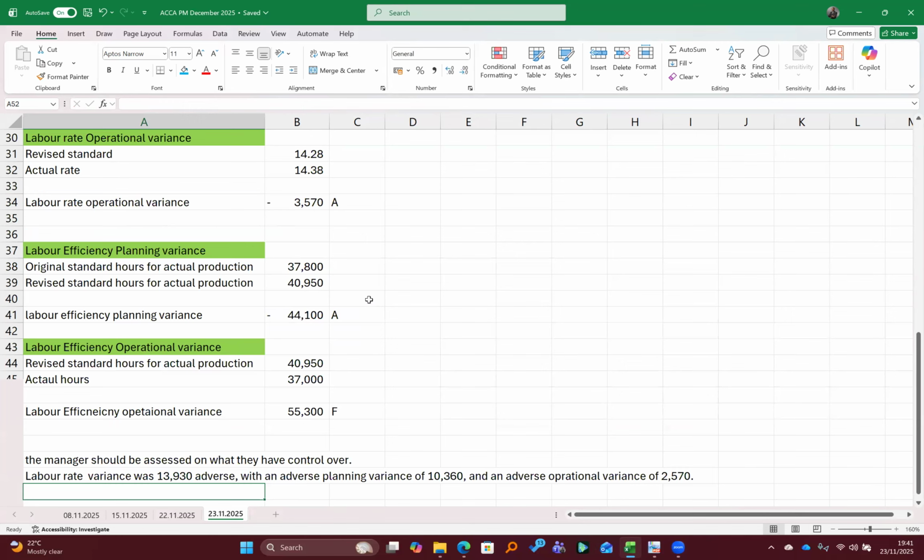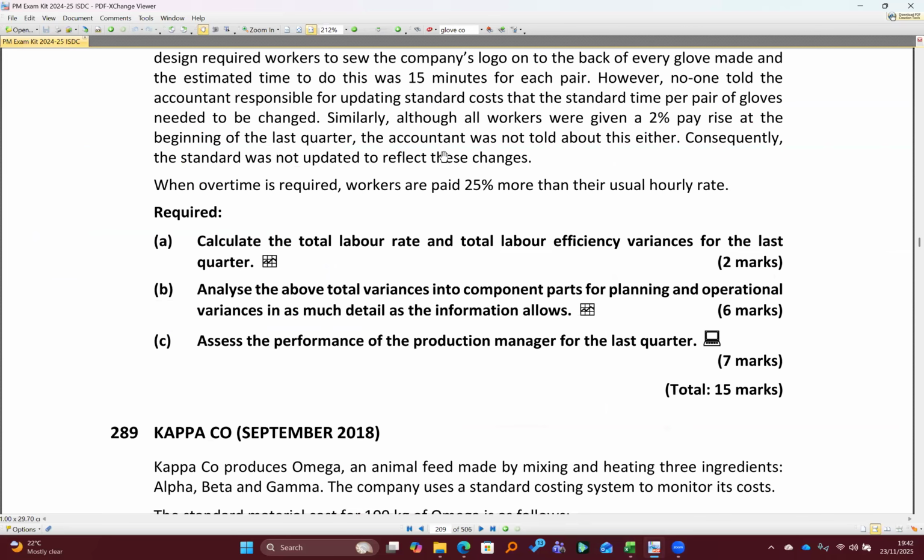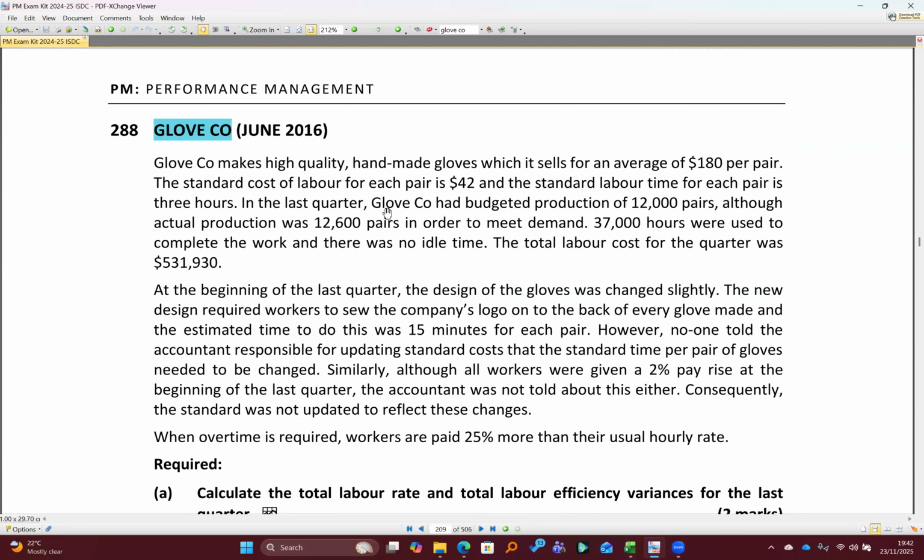Now we need to say what the manager is responsible for and what they are not responsible for. Okay, so this manager here, they're saying the new design required workers to sew a logo, but no one told the accountant responsible. Also, they gave the raise, but no one told the accountant again.